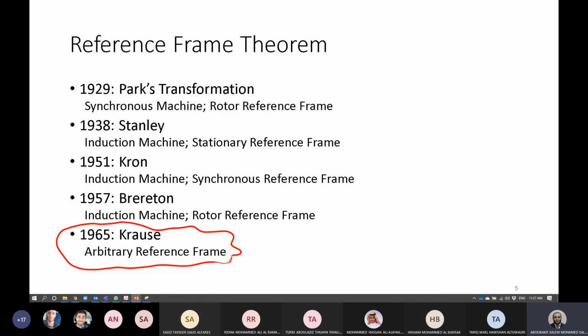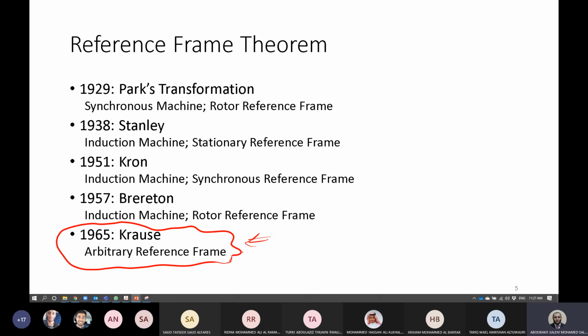This is the most well-known book now, used in all of control reference frames. It's called Krause, and he made a reference frame called the arbitrary reference frame. The arbitrary reference frame is a very intelligent way; it will use any of these reference frames.